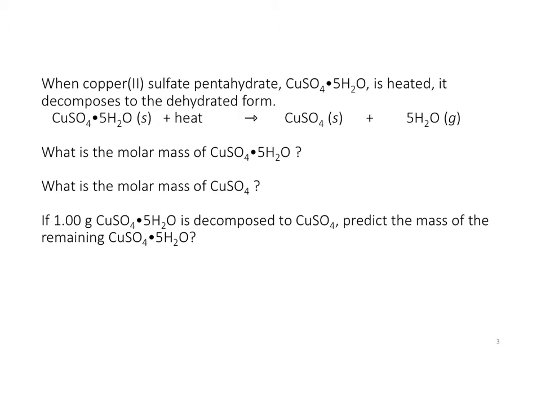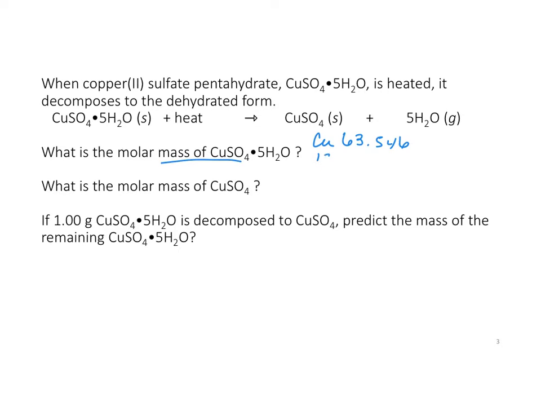Okay, so when copper(II) sulfate pentahydrate is heated, it decomposes to the hydrated form. What is the molar mass of copper sulfate pentahydrate? Well, you've got to get your periodic table out. You've got 1 copper, which is 63.546.